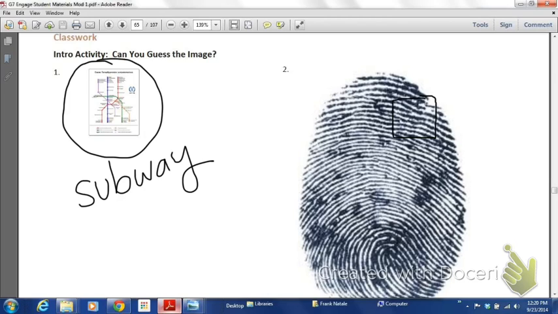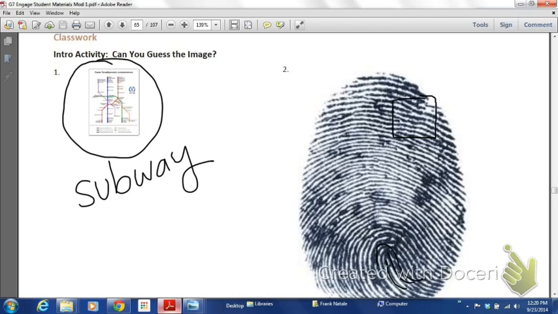They are very unique. I think this is a whorl or an arch. Anybody know here? Probably an arch. I think whorl's a little bit different. You can tell by the patterns. All different patterns, all of our fingerprints, one of our very special identifiers.